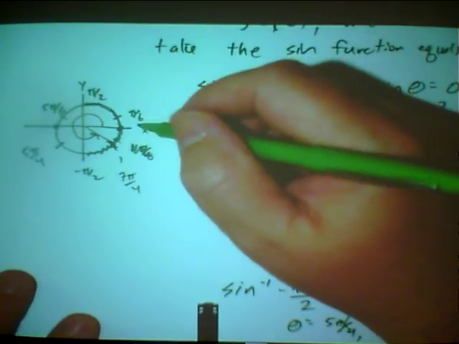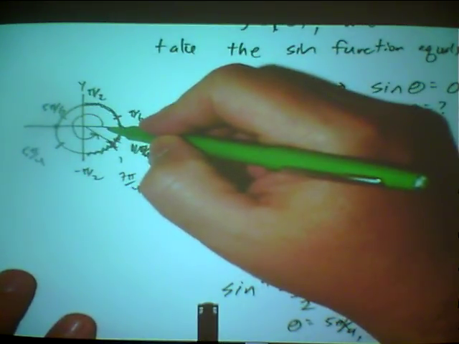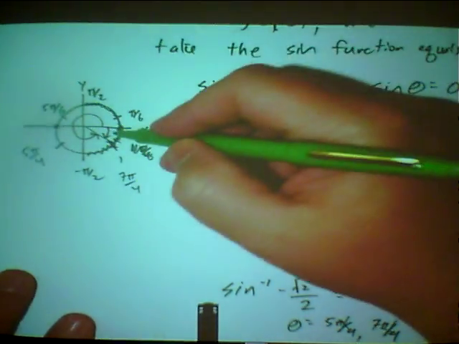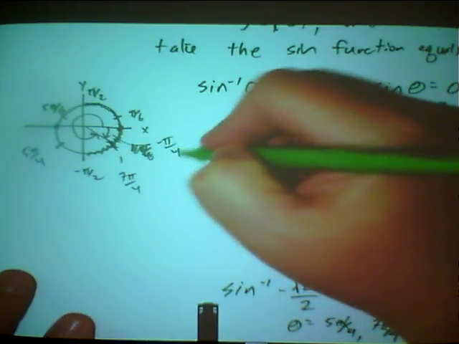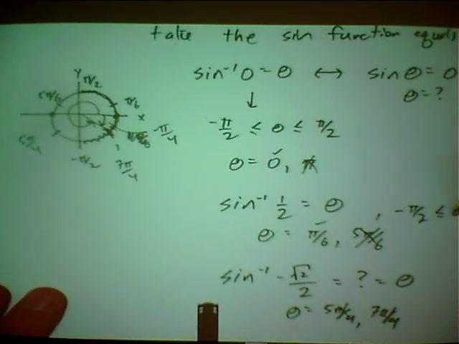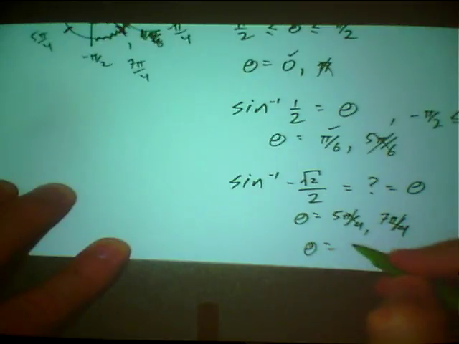What I need to do is, instead of making this a positive angle, I need to start here and look at it as a negative angle. Because as a negative angle, it's actually negative pi over 4, which is in my allowed interval.